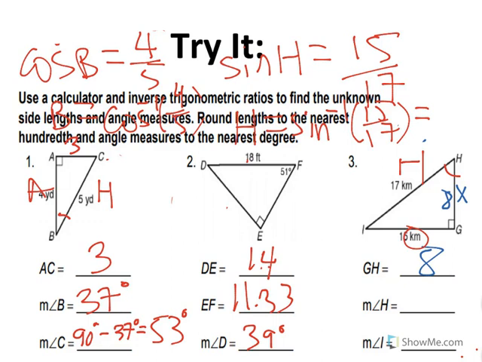So then we can round this up to 62 degrees. To solve for I, it would be 90 degrees minus 62. So then I is 28 degrees.